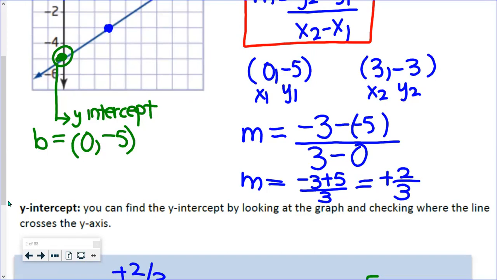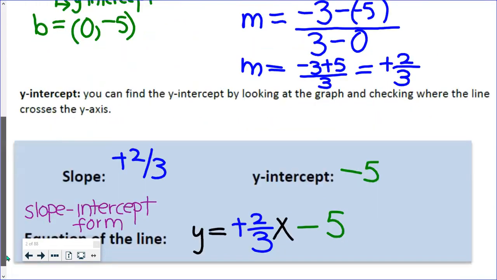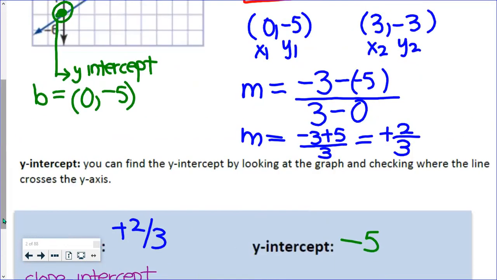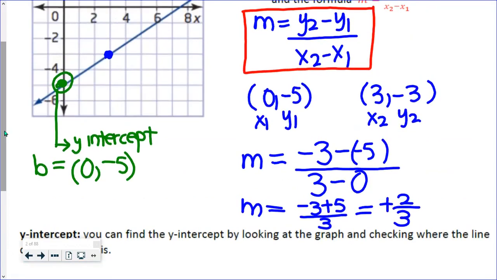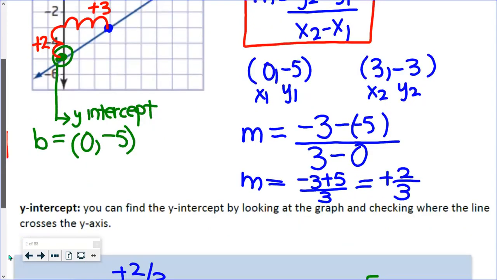Once we plug in -3 minus -5 over 3 minus 0, we calculate that the slope is 2/3. That makes sense because I have to go up by 2, a rise of 2, and then right by 3. So my rise is 2, my run is 3. That makes complete sense.